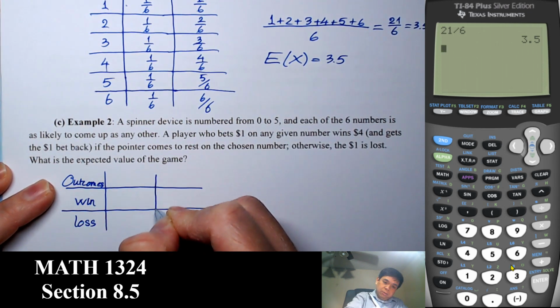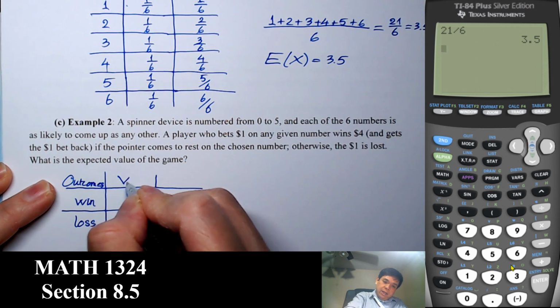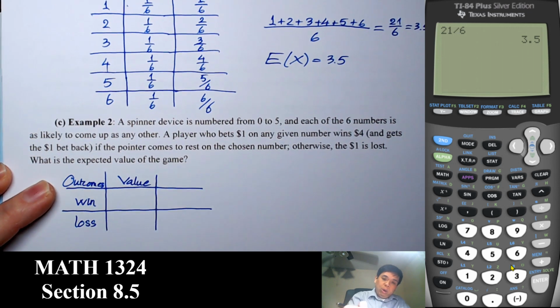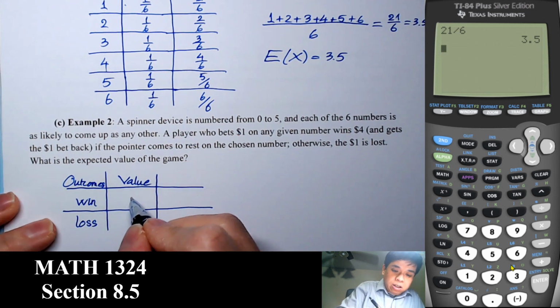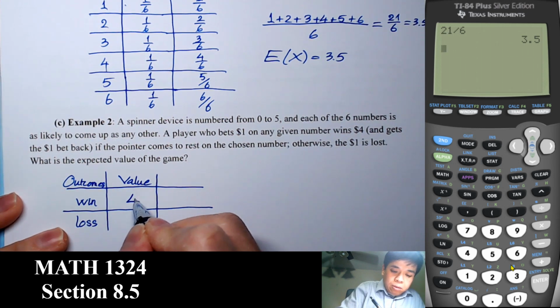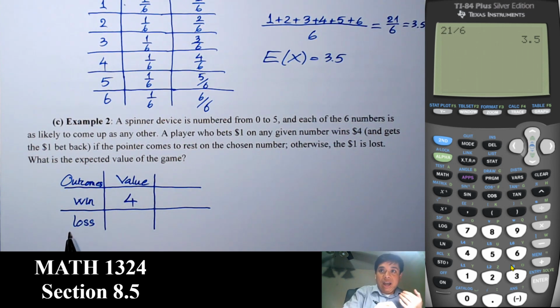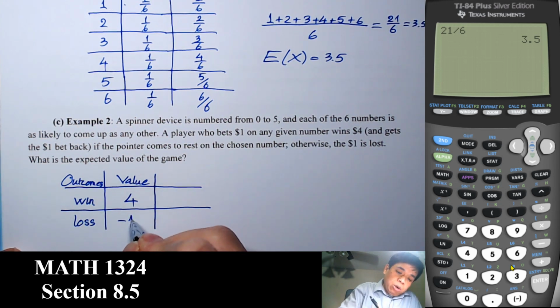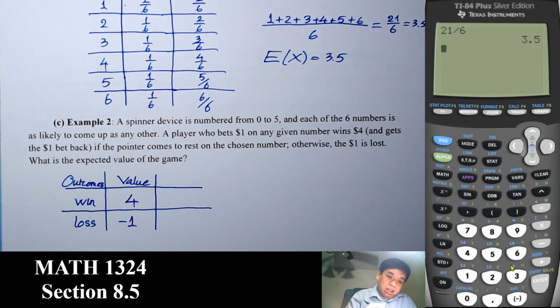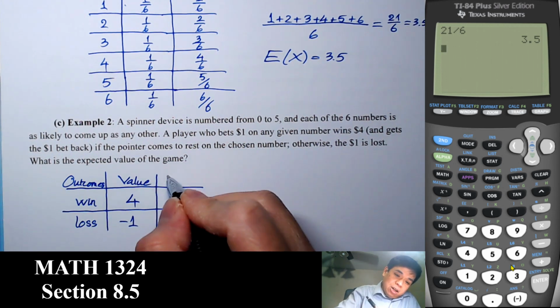Now the values: when we win, we get $4, and they give us back $1 as well. The $1 is what we bet. But if we lose, we're going to lose $1. We get nothing back.